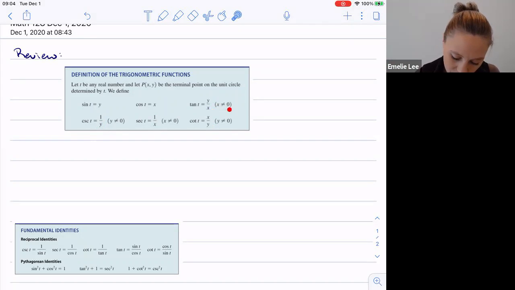Okay, notice that there are restrictions as soon as we have some sort of division, right? We have restrictions on the domain. So of course in tangent, we can't have x equal to 0, right? And x traces back to the cos of t, and we're especially going to use these two properties today.